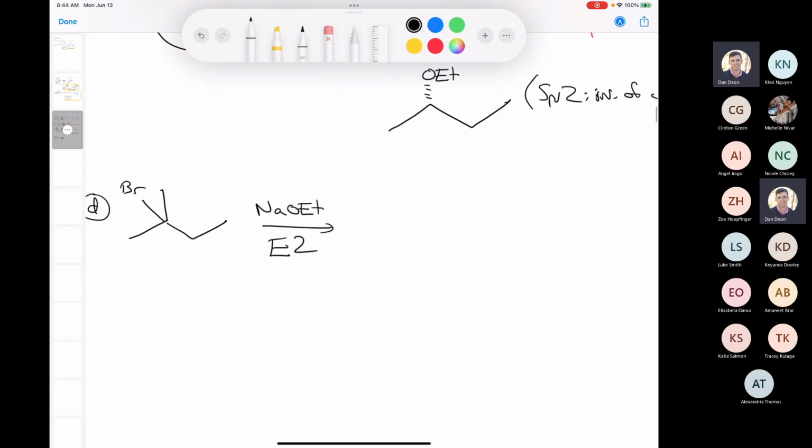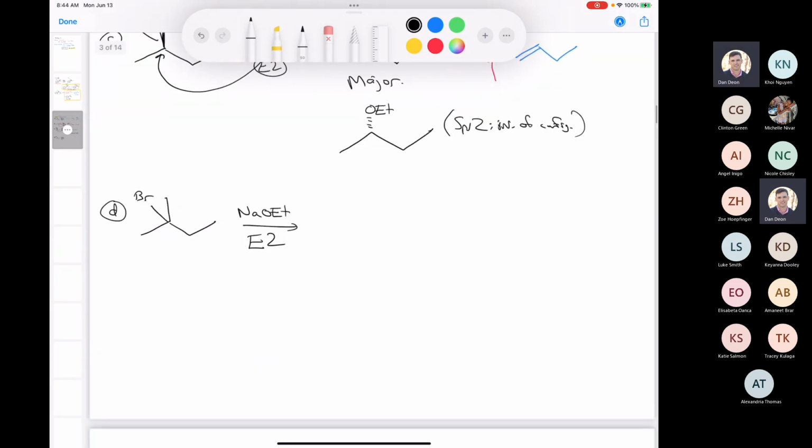E2. Now, if I'm doing an elimination, and this is my alpha carbon, I have these methyl groups which have beta protons on them, but I also have this beta carbon as well. So if I pull off the blue proton, that's going to give me the Hofmann alkene like this.